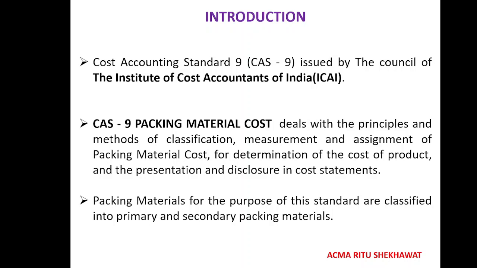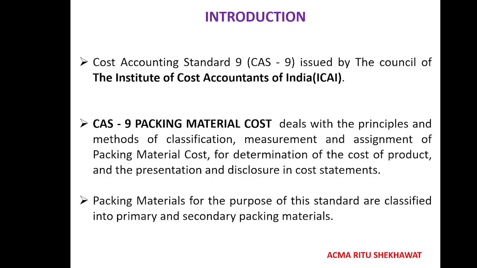As I already told you earlier, there is a separate cost accounting standard on packing material, and that's why packing material, being one of the major costs, is to be calculated separately and not included in material cost. This standard also tells us what kind of packing material cost should be added in material cost and how it should be presented in our cost statement.